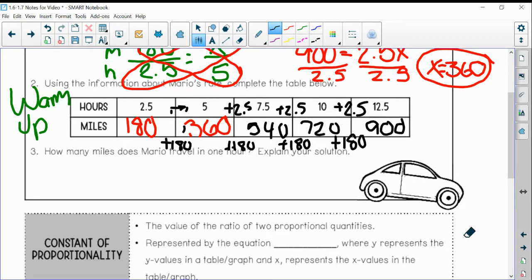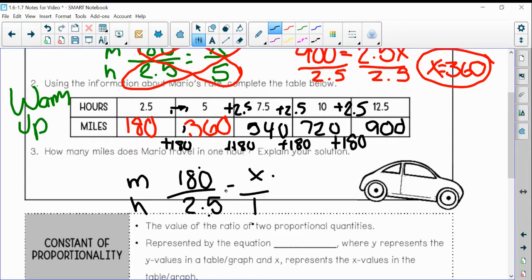So using that logic and using what we learned yesterday, how many miles can he travel in 1 hour? Well, we did some of this yesterday with our unit rate. We said that if he can travel 180 in 2.5 hours, we want to know how many can he go in 1 hour. And we put miles over hours, and miles stayed on the top.